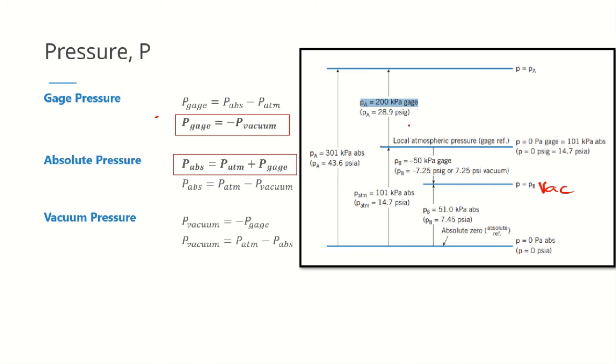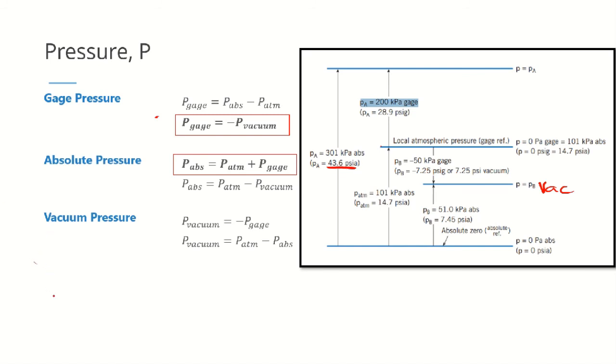And so, let's say, binigyan ka ng gauge pressure na 200 kilopascal, or dito tayo sa English naman, 28.9 PSIG, i-add mo ngayon si 28.9 PSIG sa local atmospheric pressure to get the absolute pressure na PA. So, we have local of 14.7 PSIA. So, 14.7 plus 28.9 is equal to yan, 43.6.